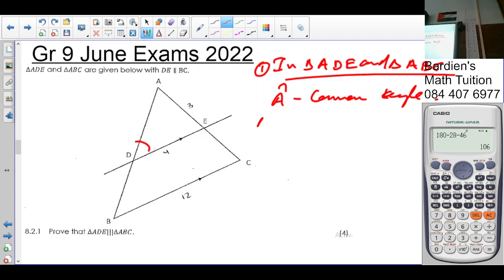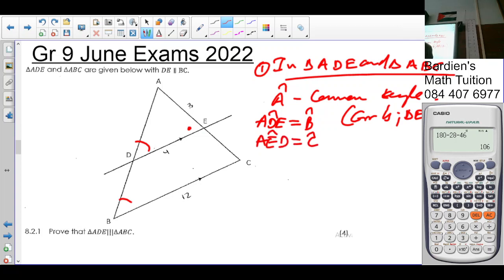Angle ADE is equal to angle B. You see, there's only one angle at B, so it's fine. Why? Corresponding angles with DE being parallel to BC. Then, angle AED is equal to angle C. Why?